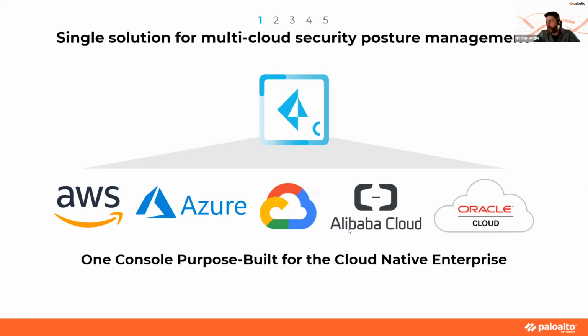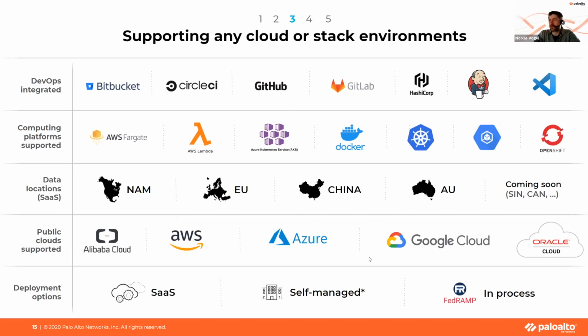So again, we support all those 5 big public cloud providers for the CSPM part using the APIs, with a SaaS version. I told you there are two deployment models. The enterprise version is SaaS-based, hosted in the cloud, managed by Palo Alto Networks, or the self-managed one, where you can deploy the agent yourself, but of course you're responsible then for everything, and it's only covering CWP.